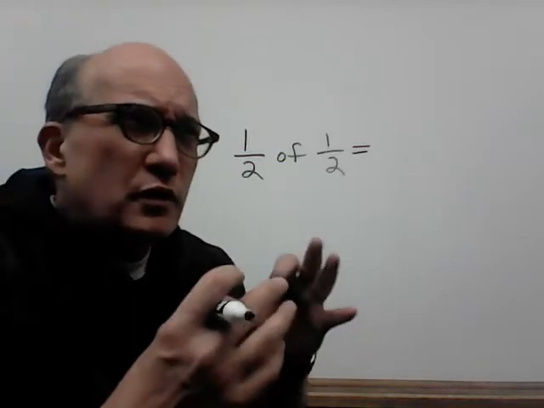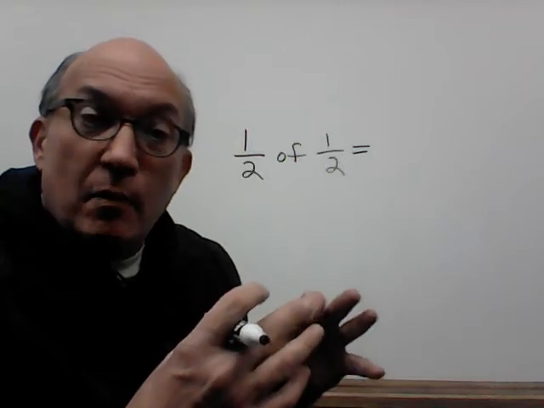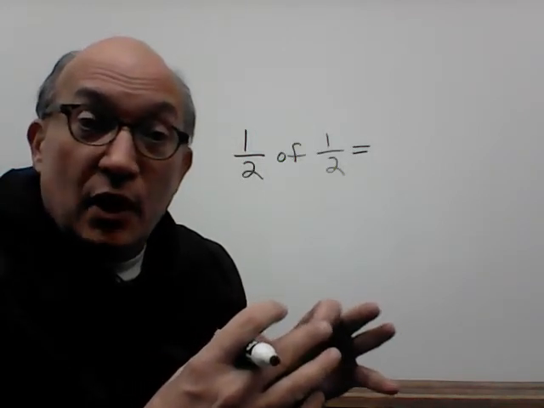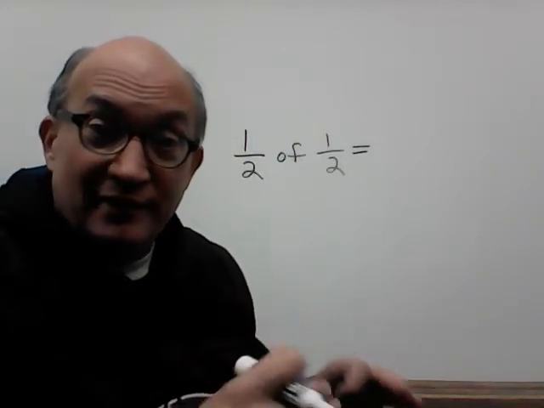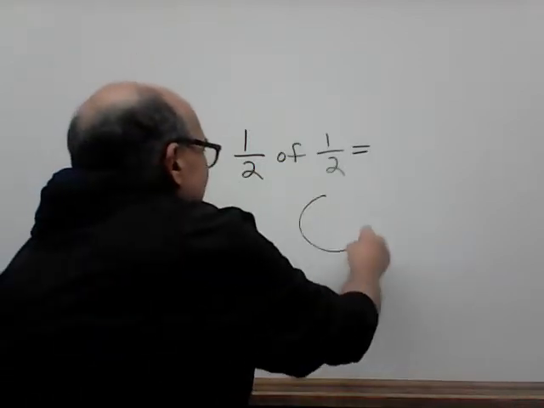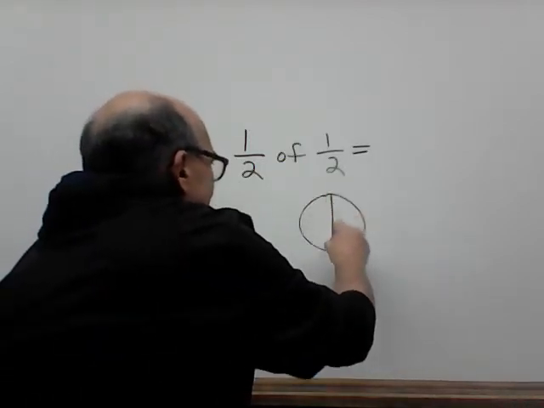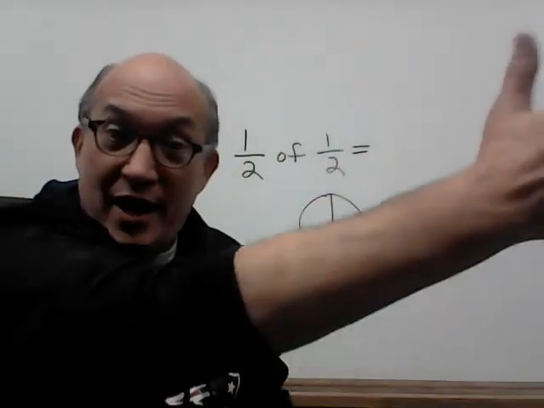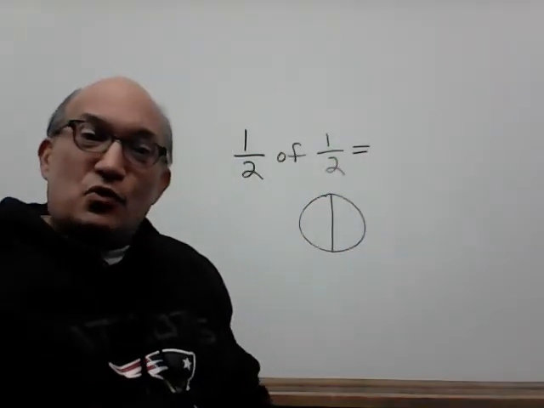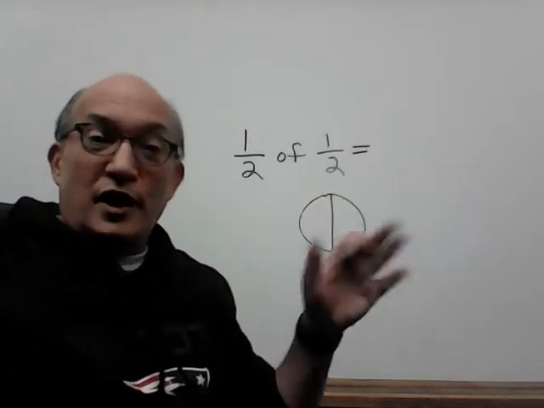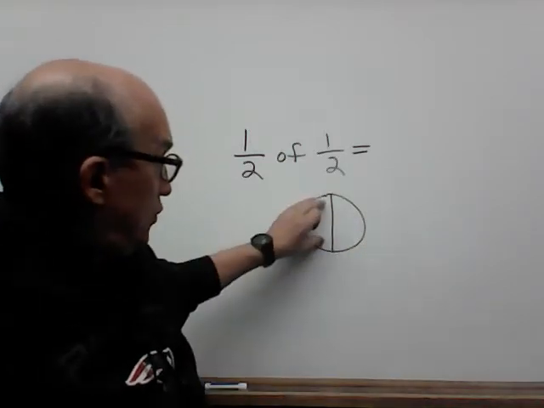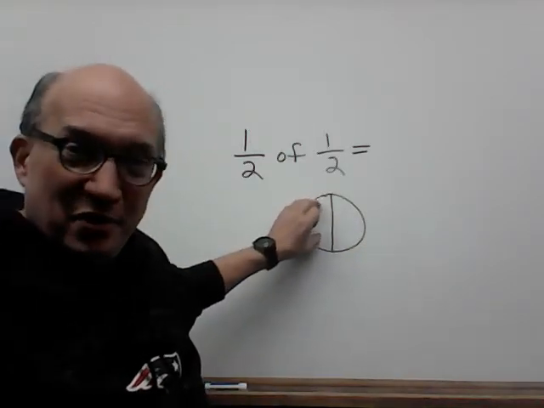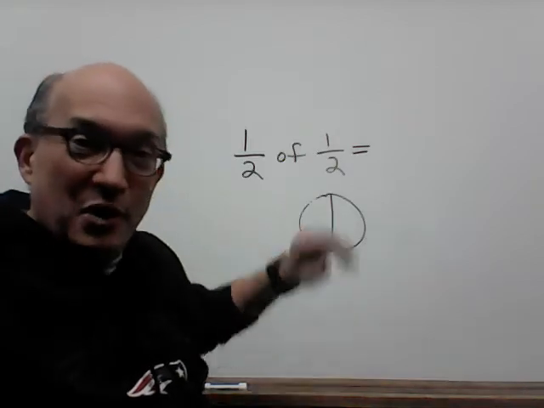Maybe the intuitive understanding of that might involve thinking about something like a pizza. And you bring a knife, or a cake or a pie, you bring a knife down through the center of the circle, and you've created 2 halves. And if you were to eat this part of the pizza or the pie just over here, that would be 1 half.